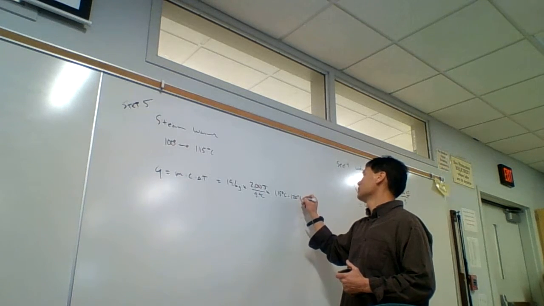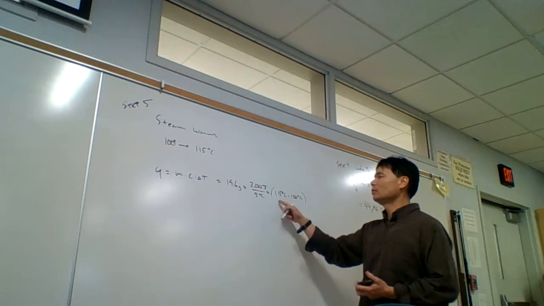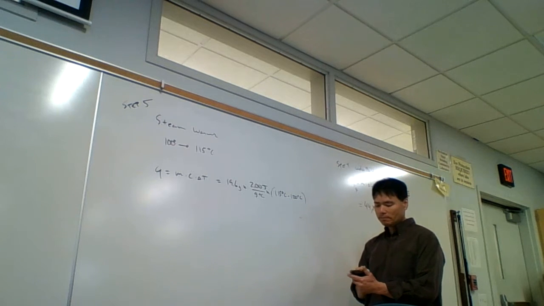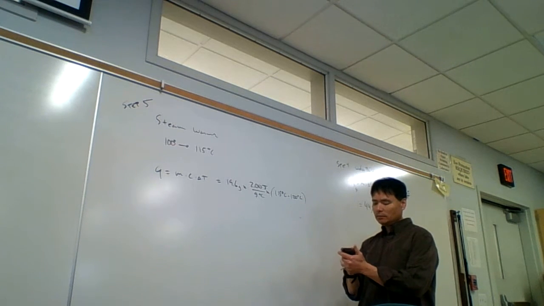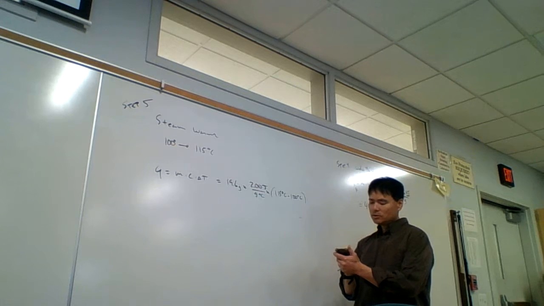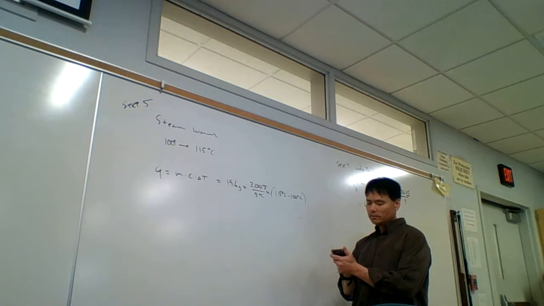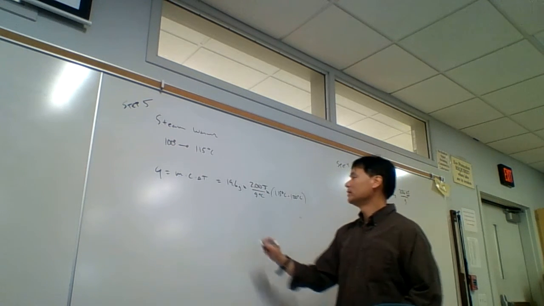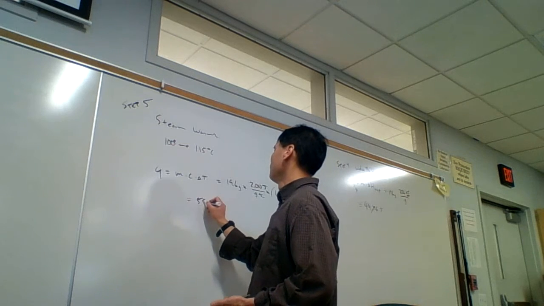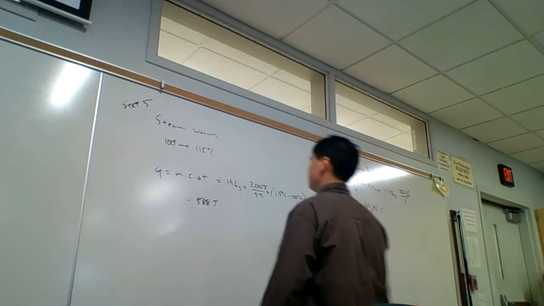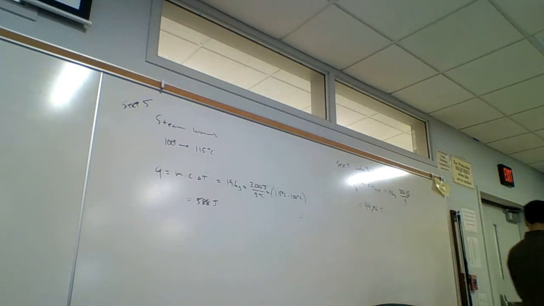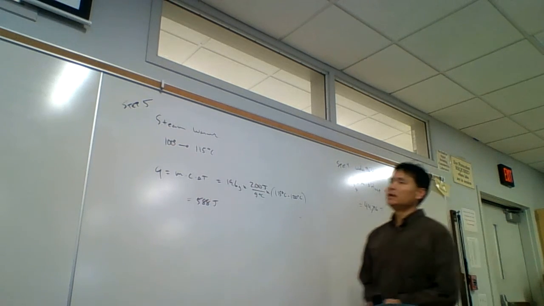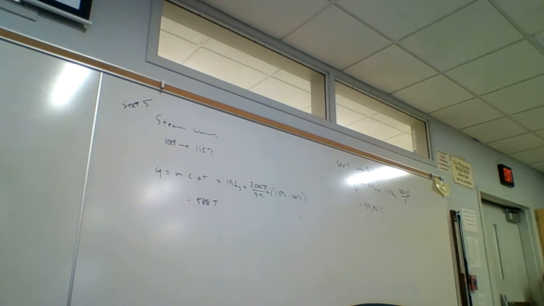The initial temperature was 100 degrees C. And so we're only warming it up by 15 degrees. And so this is going to be 19.6 times 2 times 15. It's 588 joules. So the final step here is going to cost us 588 joules here.